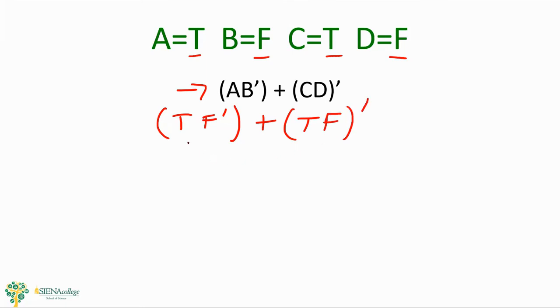So we then work inside everything. We have true and false not is true, or true and false is always going to be false, negated. True and true is true, or false not is true. A true or a true will give us a true.